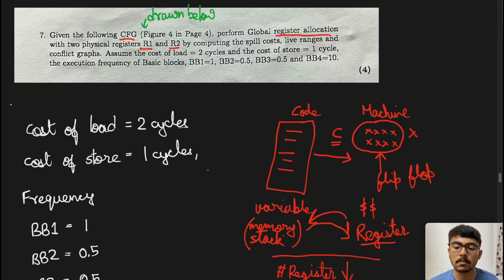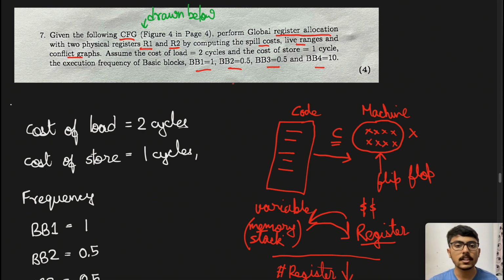As I mentioned, the number of registers is limited in a system, so here also in the question we have only two registers, and we need to compute the spill costs, live ranges, and conflict graphs. Assume the cost of load is equal to 2 cycles, the cost of store is 1 cycle, and the execution frequency of basic blocks is as given. We'll discuss all this in detail at a later stage of this video.